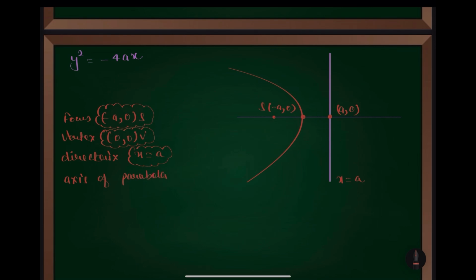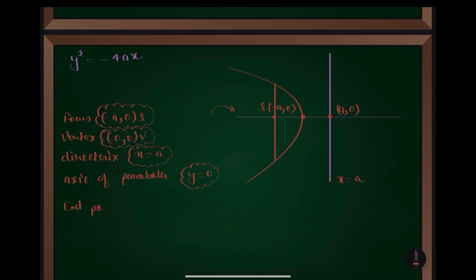So what is the axis of parabola? Again same thing, x-axis. So x-axis means y equals to 0. Okay, now you know that the chord perpendicular to the axis of parabola is named as double ordinate, and we will have a special chord, which will pass through the focus, named as latus rectum.